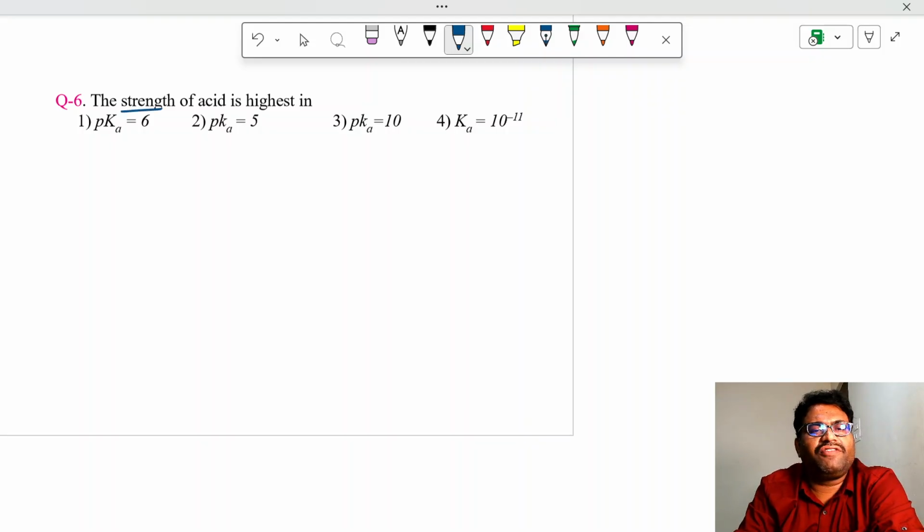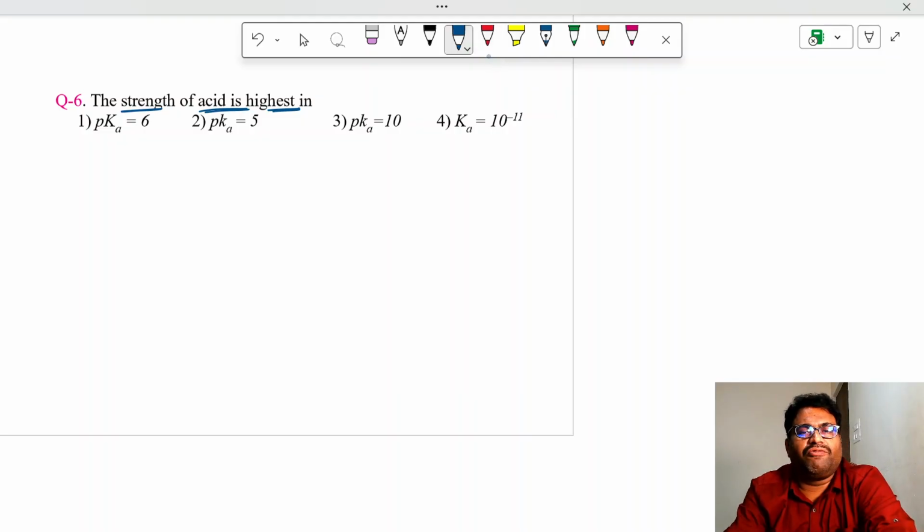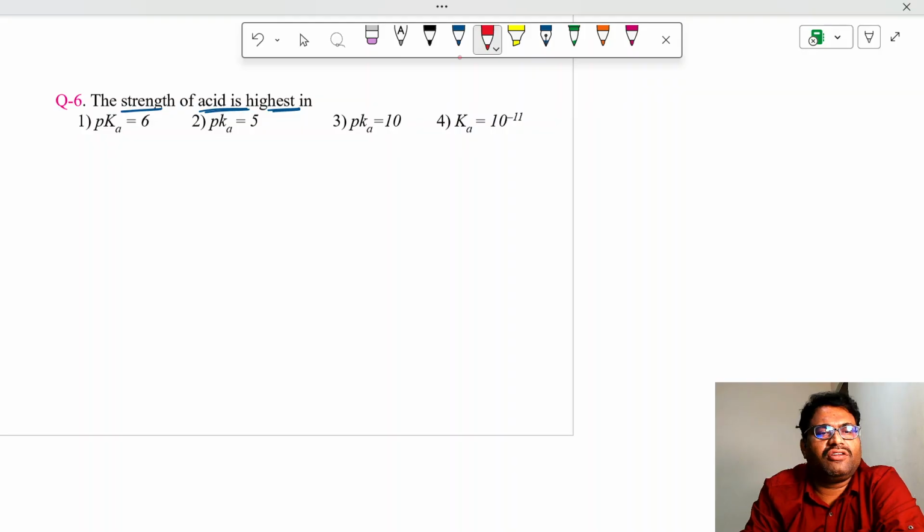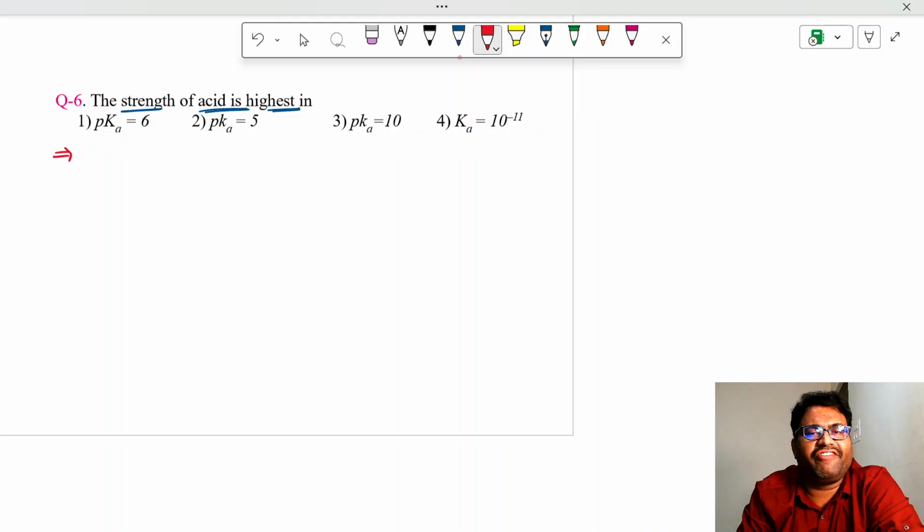So the strength of the acid is highest in... Now we have discussed that by looking at some factors like alpha, Ka and pKa, we can say which is stronger, relatively. So here Ka is given.